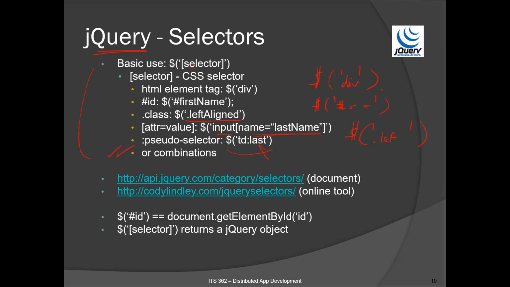So the idea is something like this. You can see here, document get element by ID versus in jQuery, something like $ and then the ID. It's the same ID, just different ways of getting our data. So that's the first part.